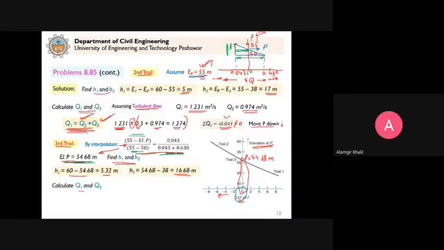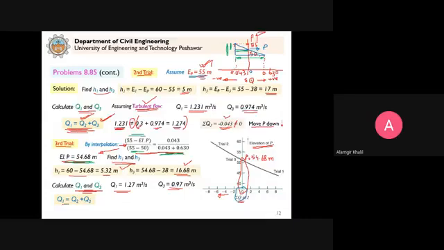Now we calculate Q1 and Q3, assuming turbulent flows. Remember, assuming turbulent flows. So Q1 comes out to be this and Q3 comes out to be 0.97 cubic meter per second.